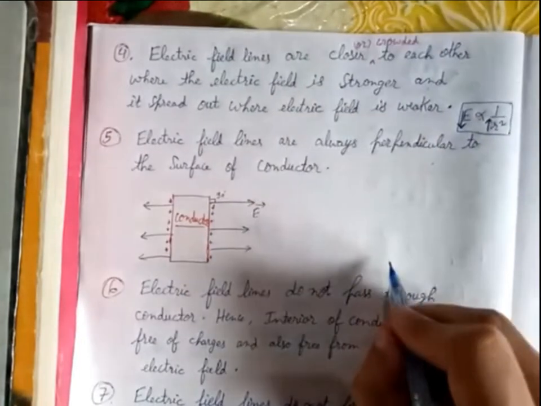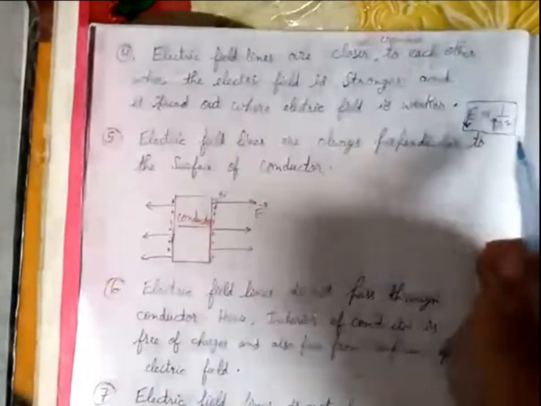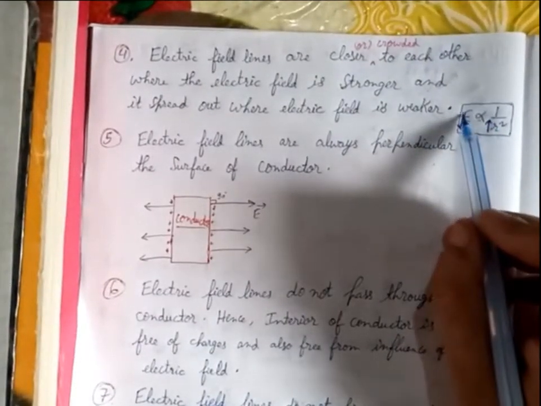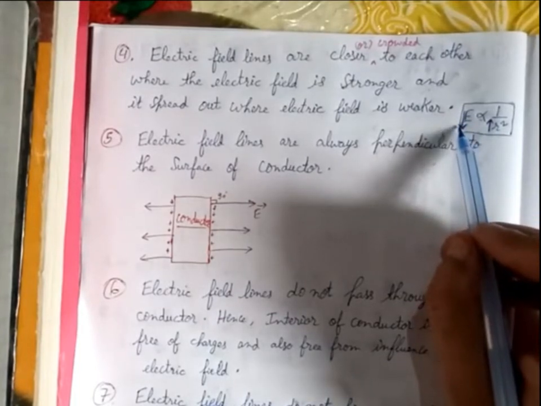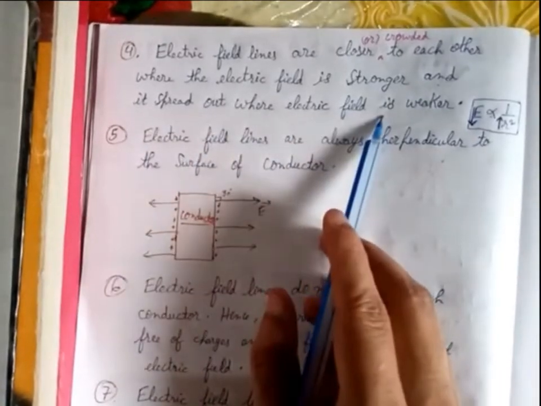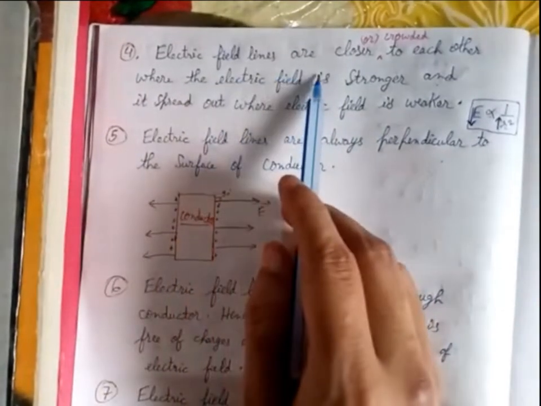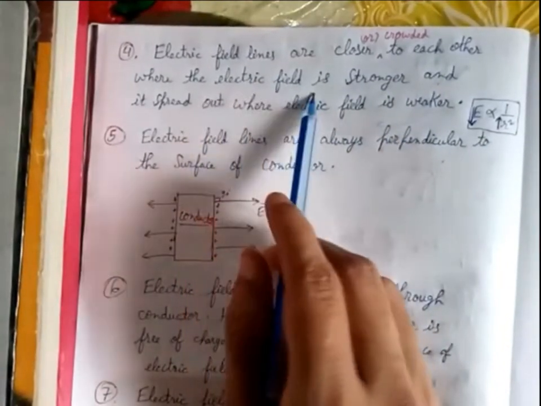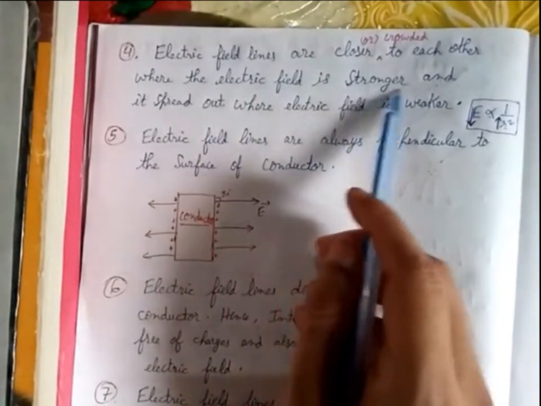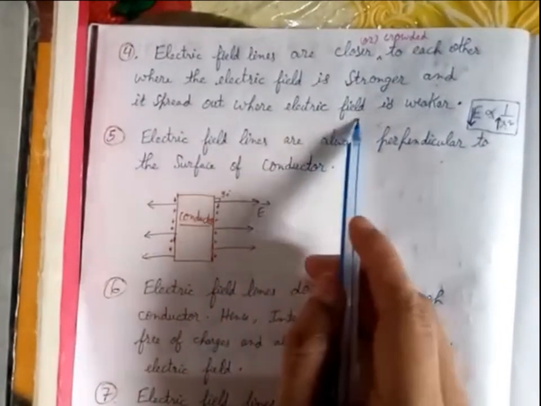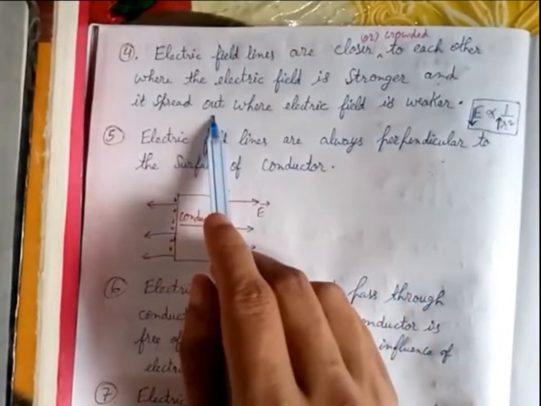So as the distance from the point charge increases, the electric field lines are weaker, or they are separated out. So this point is telling that when the electric field lines are crowded, it means at that point the electric field is very strong, and where the electric field lines are weaker, they are spread out at a much larger distance.